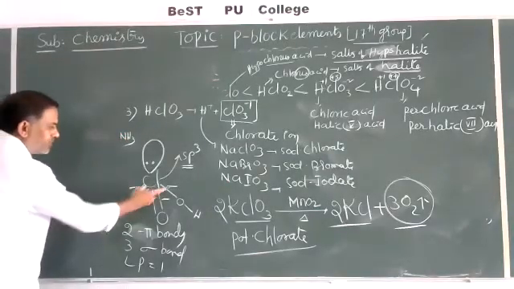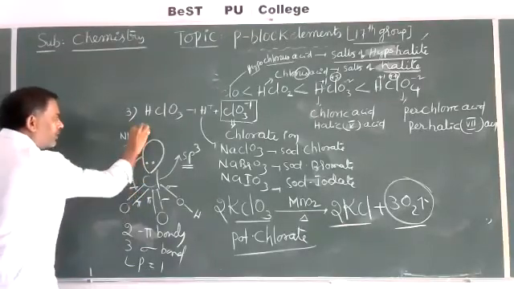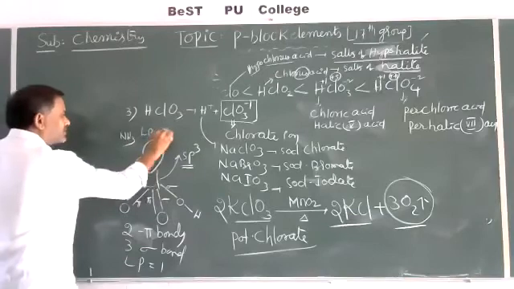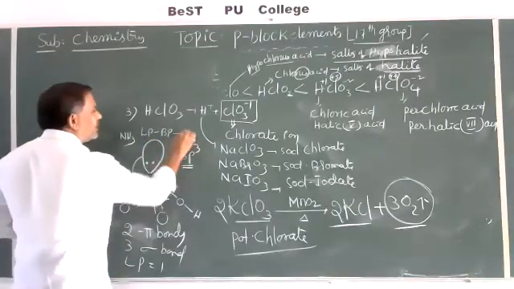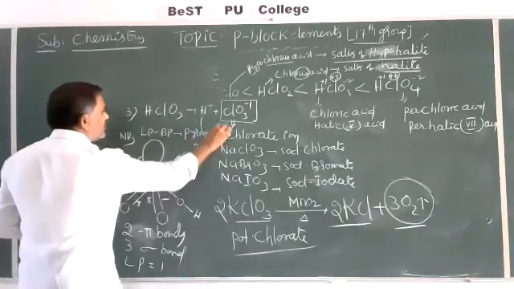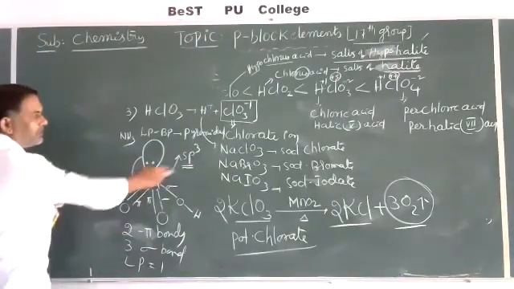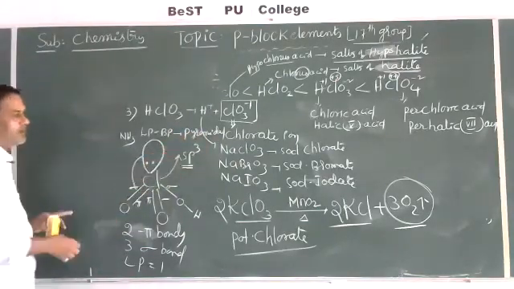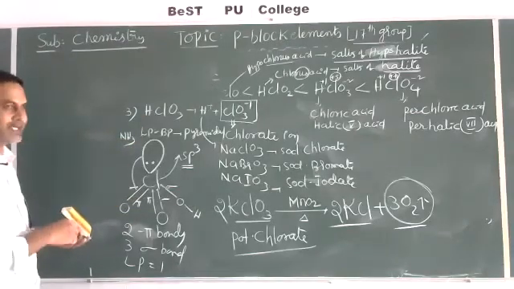So 3 sigma bonds and 1 lone pair, due to the presence of this lone pair, lone pair and bond pair repulsive forces, even though it shows sp3, it has pyramidal geometry. This is the structure and hybridization and different types of salts of the corresponding chlorous or halous acids.